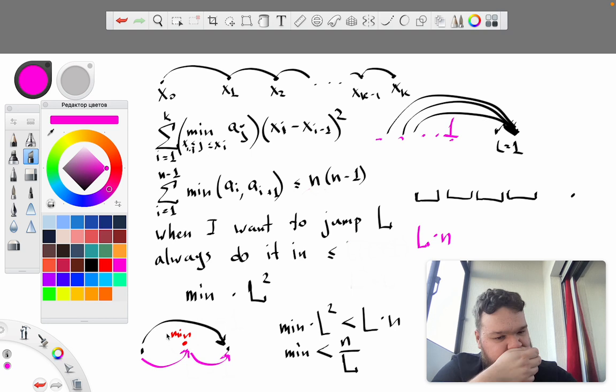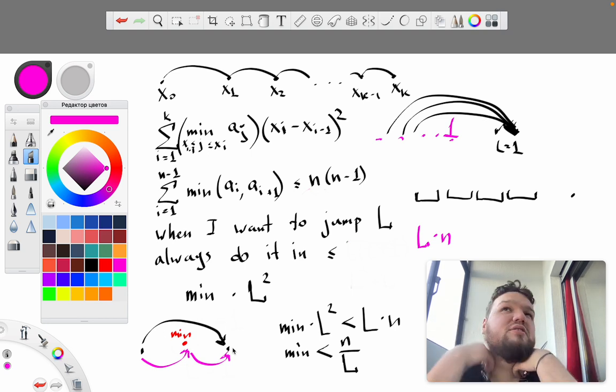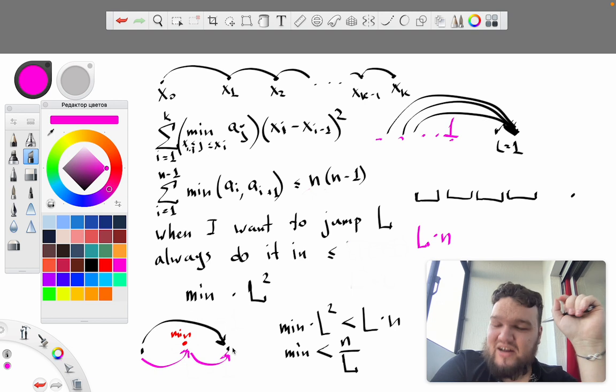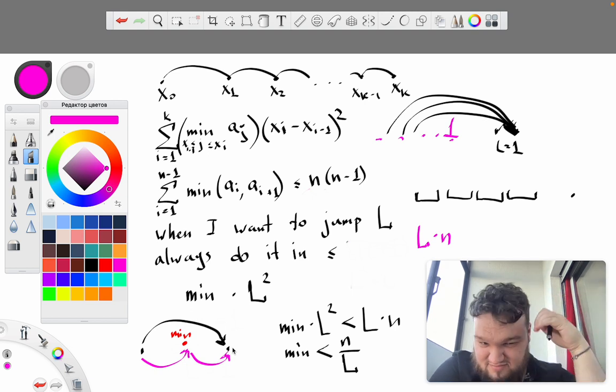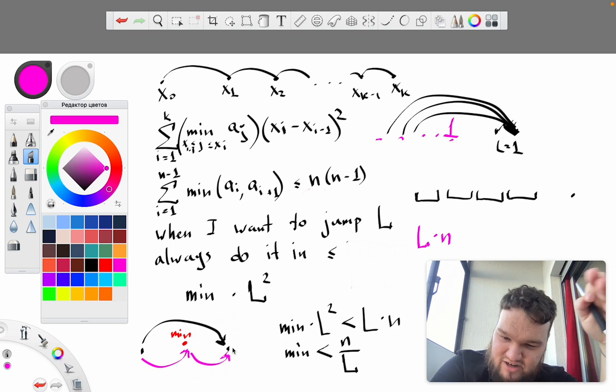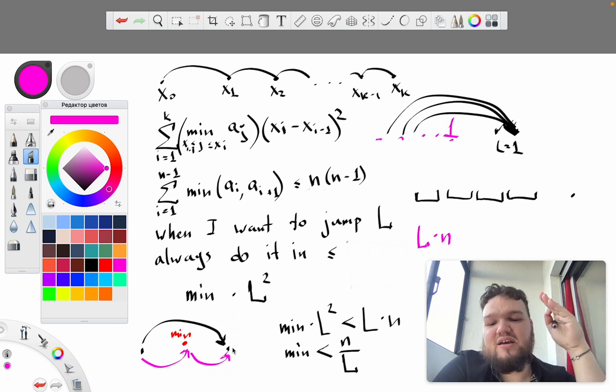So yeah, for all the jumps, the minimum on the segment should be at one of the ends. And even if one of the ends is the minimum, if there is the same minimum somewhere inside the segment, we can still do this split.